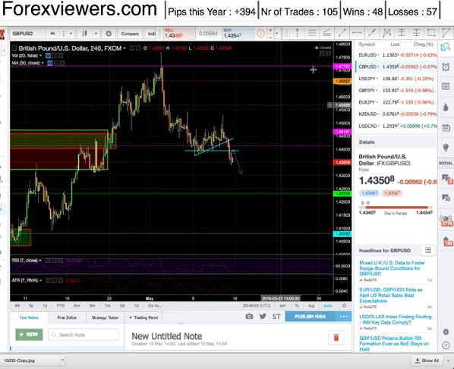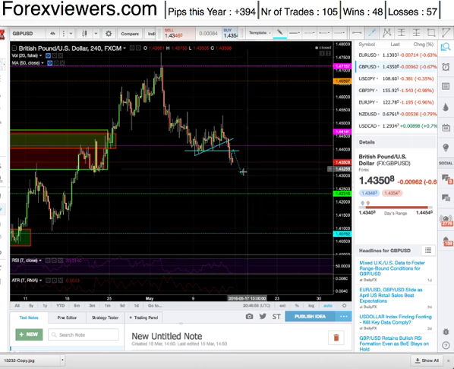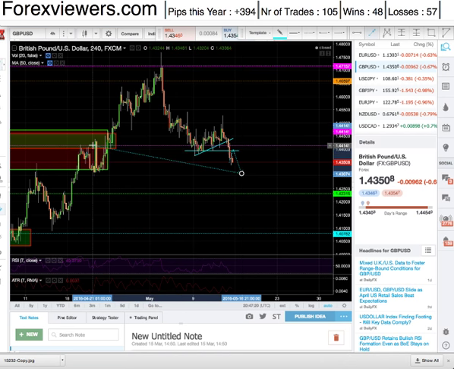If the market pushes up into this previous structure, all the way right here, this is an interesting level. I'm hoping that the market does in fact push up into this level. I'm not sure if we can get a trade in there. We might on the lower time frames, but a nice area nevertheless to look for a shorting opportunity.